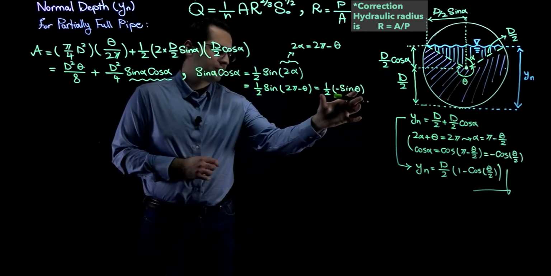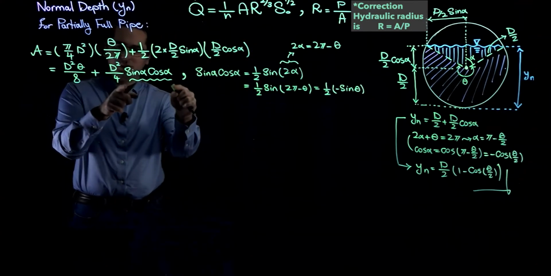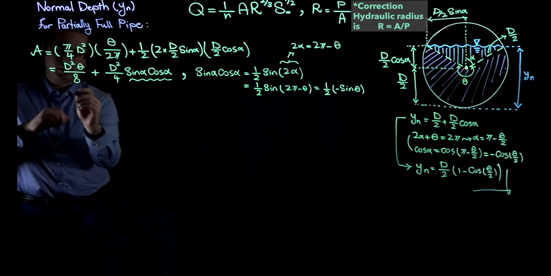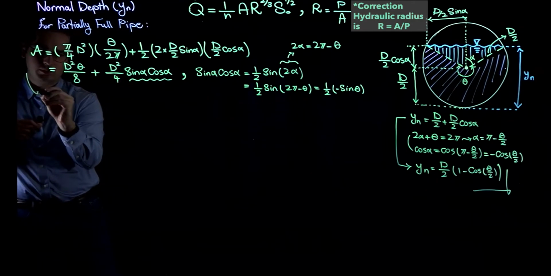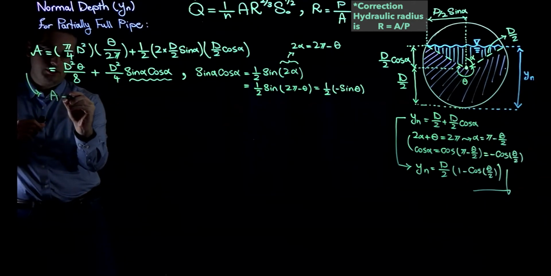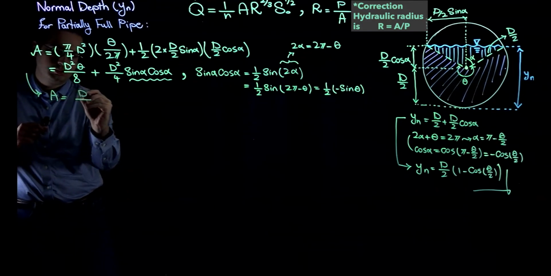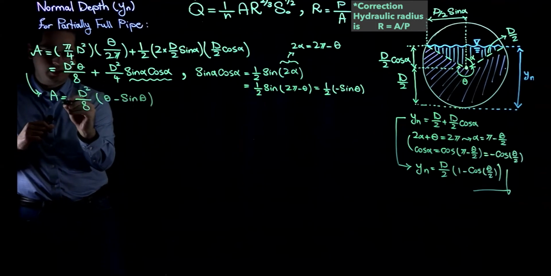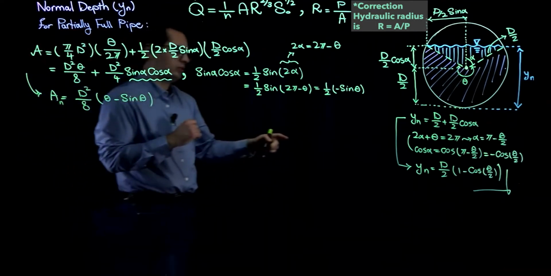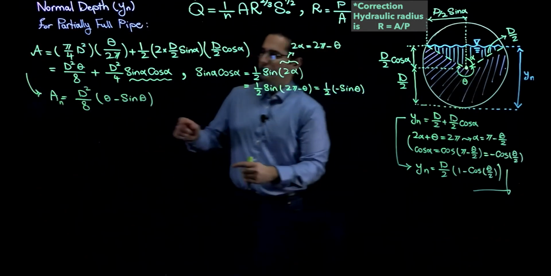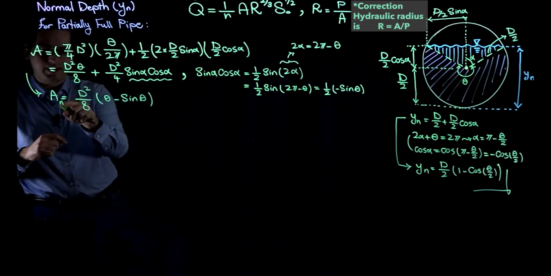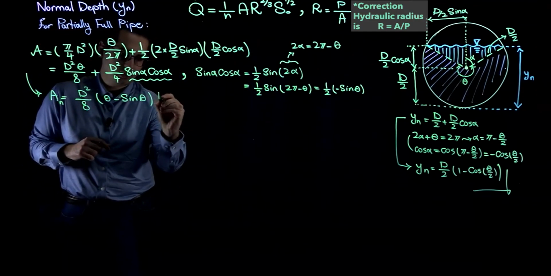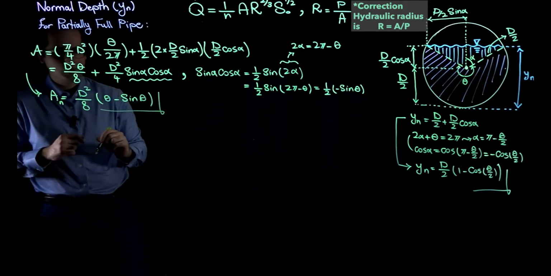All right, I'm going to put this right over here and then simplify this equation. Eventually, the area is going to be, all right, this is going to be the area when you have normal flow. That's why I added this n over here. So this was another equation that we are going to use.